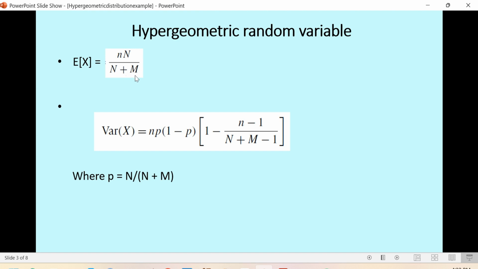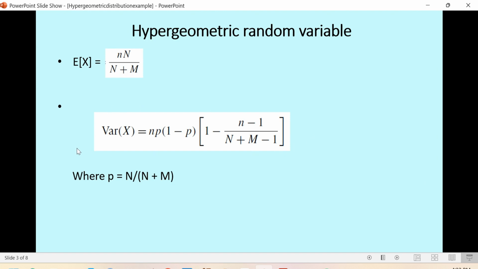But in the binomial distribution we have a constant positive rate, because no matter whether the first one you selected is positive or negative, the probability is the same for the next selection. But in the hypergeometric, the probability of selecting a positive or negative changes, but the expectation is the same.